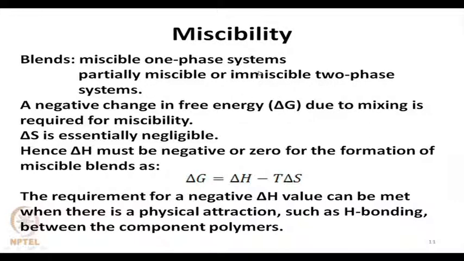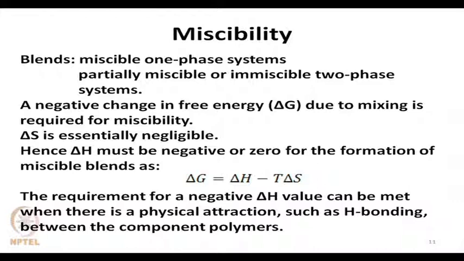Now, when these two components are mixed, we must consider this thermodynamic parameter, delta G, the free energy of mixing. When the two component polymers are mixed, this delta G, or Gibbs free energy of mixing, should be negative.